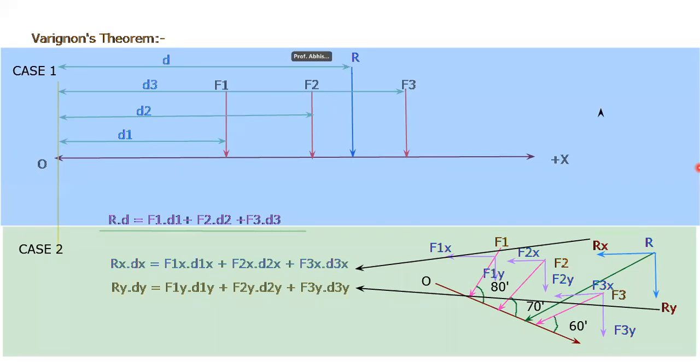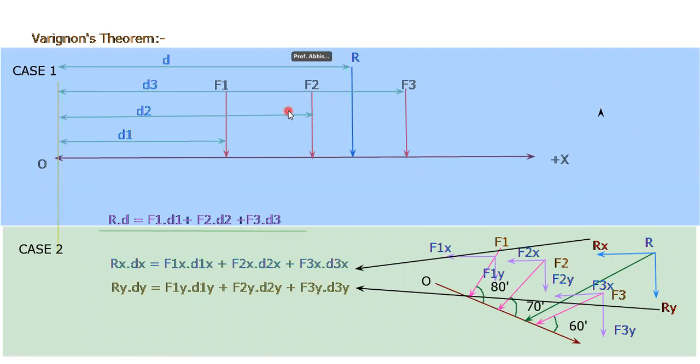Okay, so at the end, what I am going to tell you is the summary of this Varignon's theorem. If the forces are parallel to each other and they are perpendicular to the x-axis or y-axis, as in case 1, it is very simple to calculate the values by using Varignon's theorem.